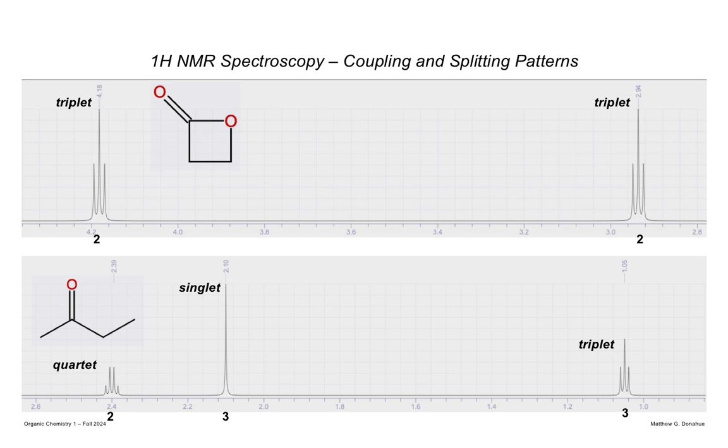So here were the two structures that we were talking about, this ester and this ketone. And we know now, looking at proton NMR, we can pull some things out of what's important. So here's the ester.